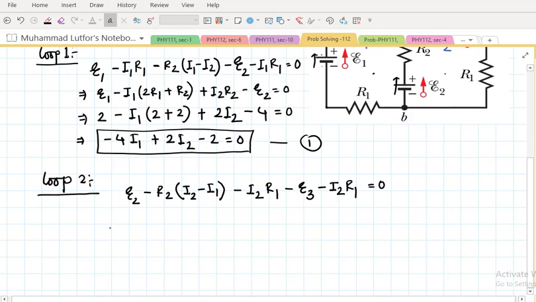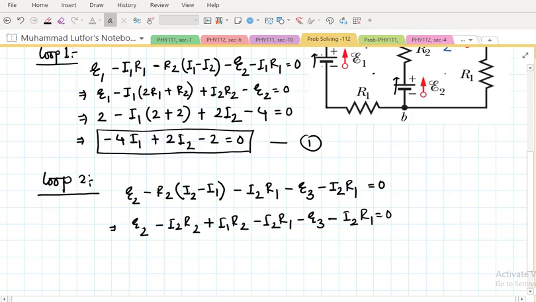Now if you plug in, or simplify one more line, it would be E2 minus I2 R2 plus I1 R2 minus I2 R1 minus E3 minus E2 minus I2 R1 equal to 0.